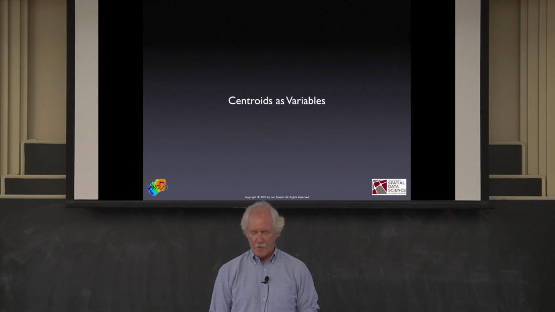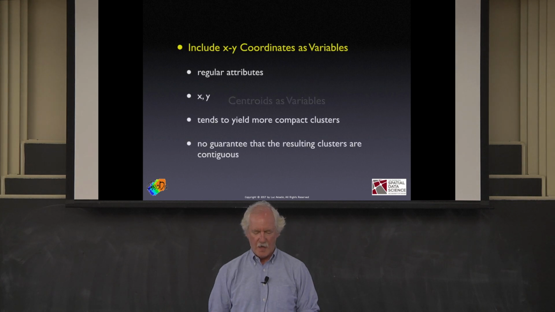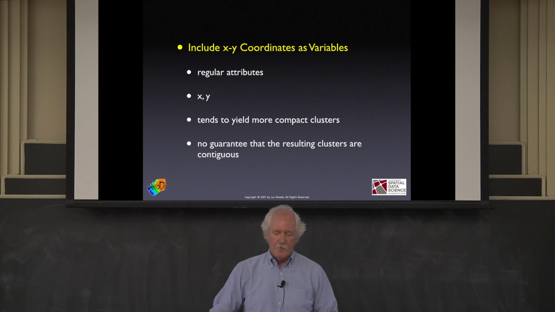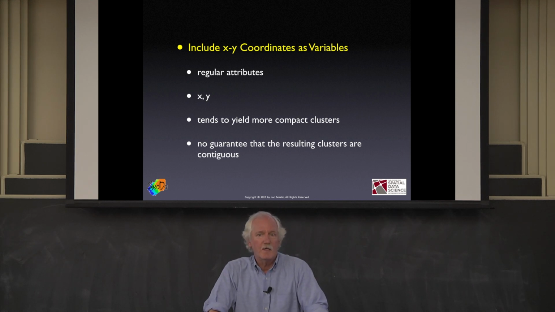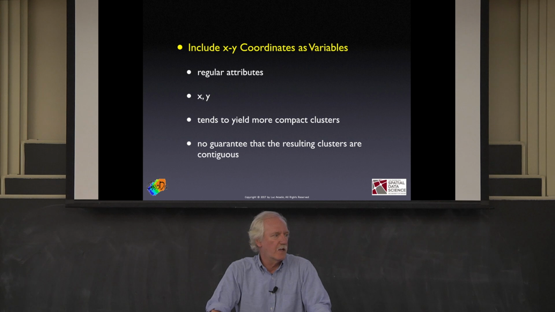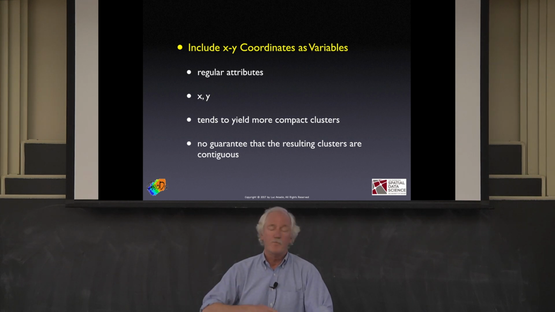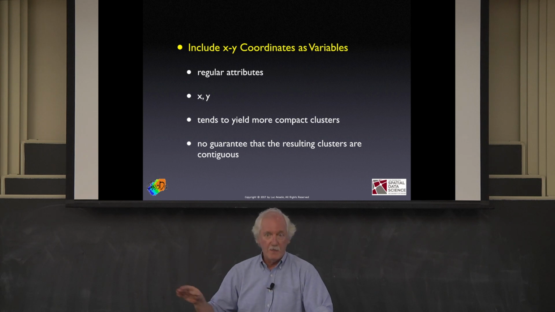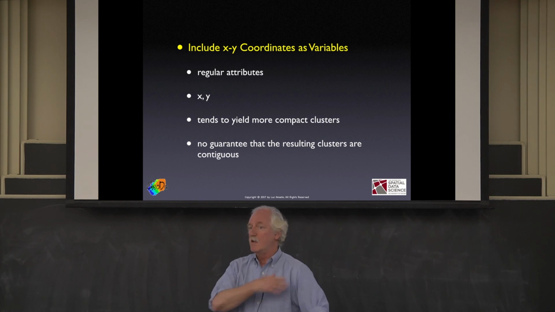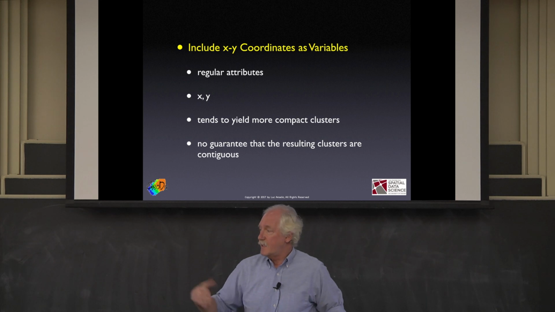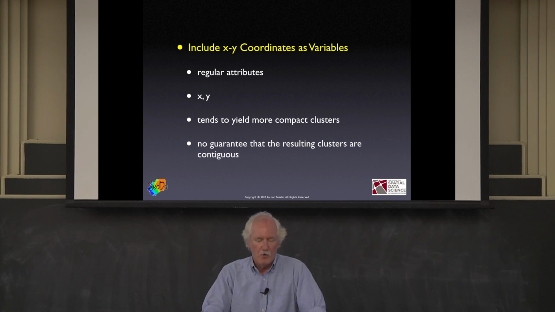A second one, and I forgot to put this in my slides, but it's in the lab notes. The second one is also kind of cheating in a sense. Include x and y as attributes in the clustering algorithm. Now, the clustering algorithm doesn't know that these are x and y. It just treats them like any other variable, standardizes them to mean 0, variance 1, and throws them in with all the other ones in the standard k-means or hierarchical routine.